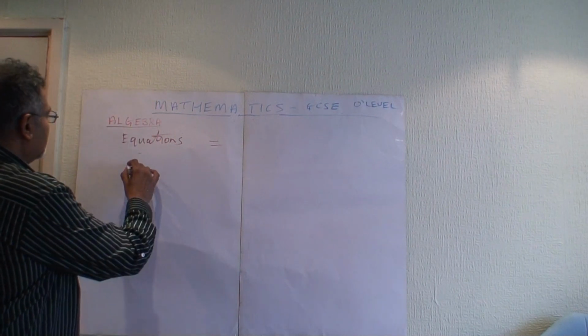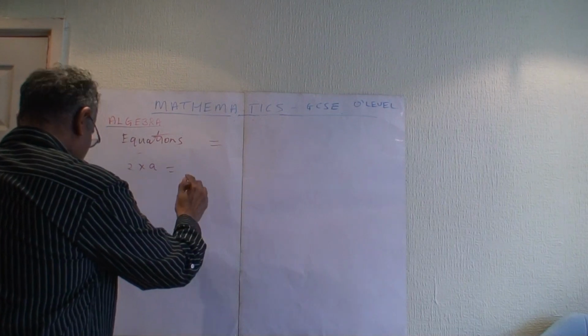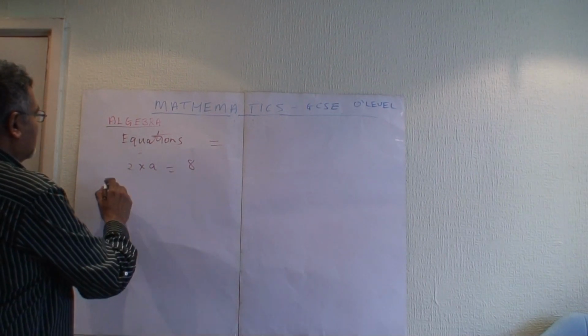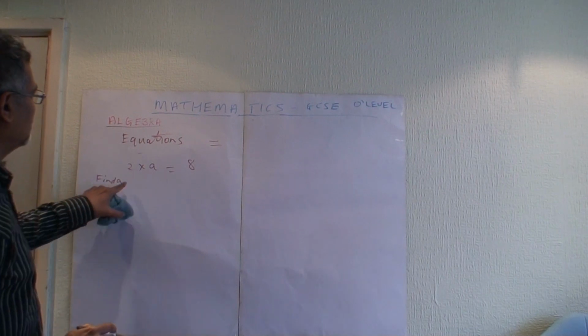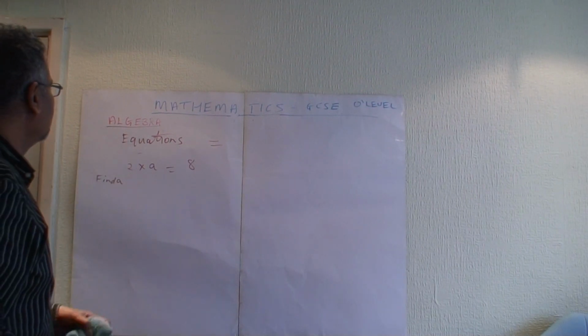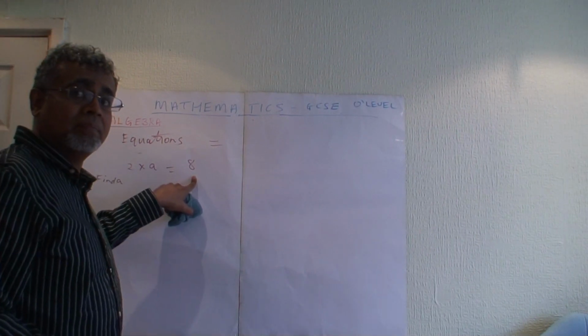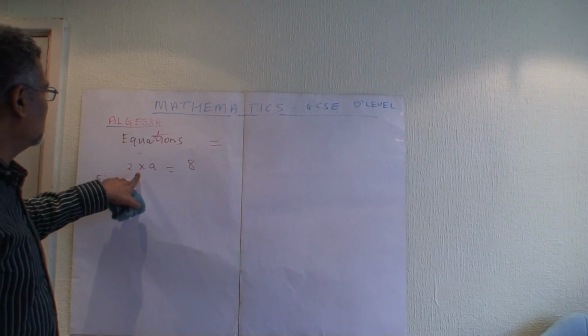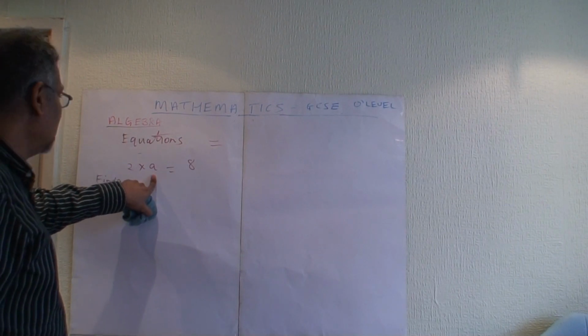Say for instance we have 2 multiplied by a, say that is equal to 8, and we need to find a, or the value of a. So we have 2 multiplied by a is equal to 8, and we want to know what a is.